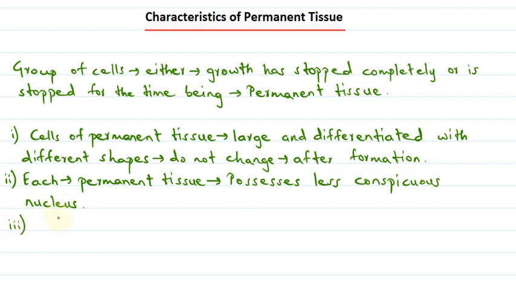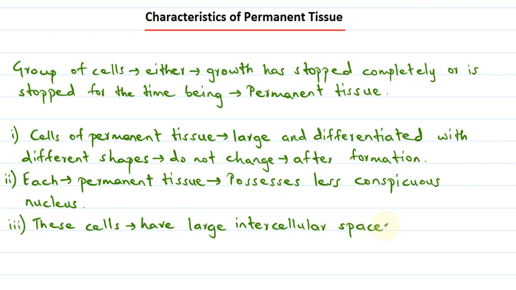Then the next characteristic is that the cells of permanent tissues are not closely arranged, and so there are large intercellular spaces, unlike the meristematic tissues.